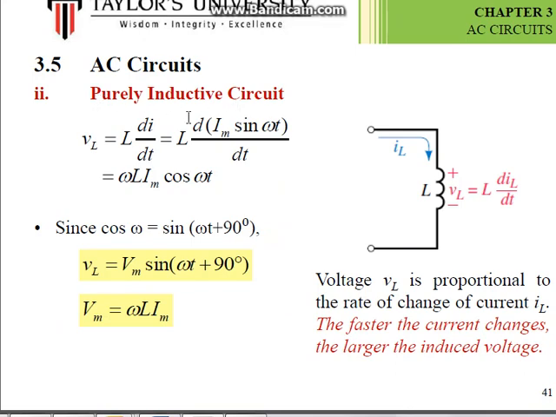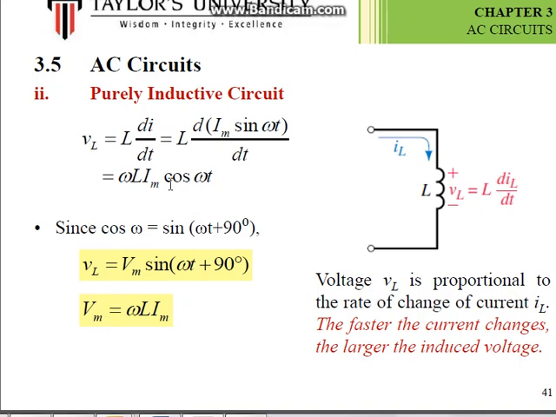For a purely inductive circuit, it just basically means that your circuit is just with inductance. So your voltage across your inductor, denoted as VL, is equivalent to L di over dt.